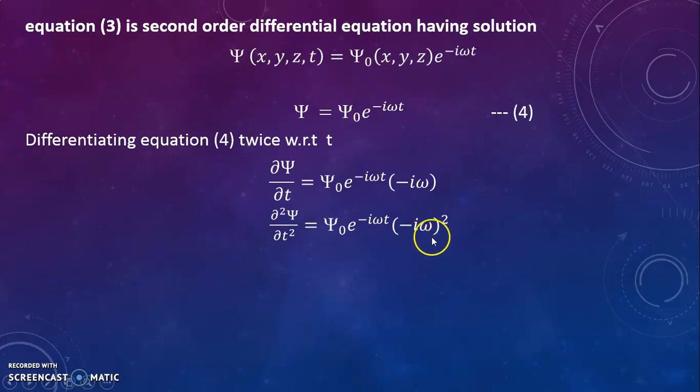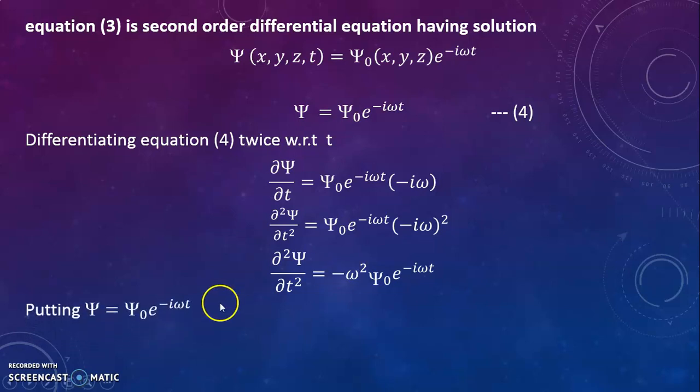So this complete term becomes minus omega square. So this gives dou square psi upon dou t square is equal to minus omega square psi naught e raised to minus i omega t.